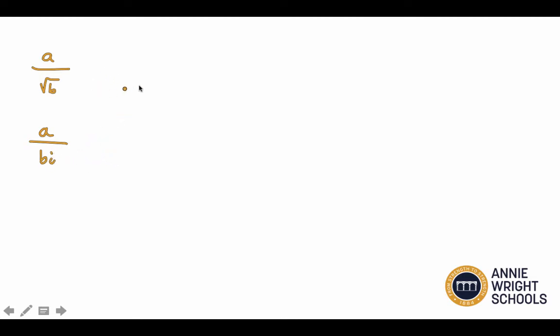So we do this process called rationalizing the denominator. And it's called rationalizing because it's going to take any denominator and make it a rational number.